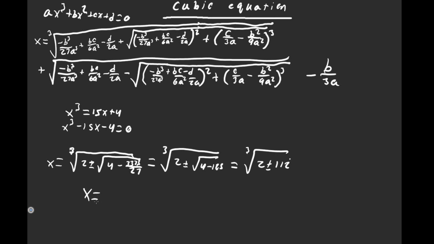We get that x is equal to the cube root of 2 plus 11i plus the cube root of 2 minus 11i.